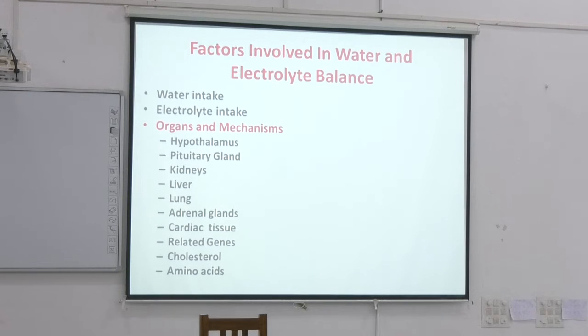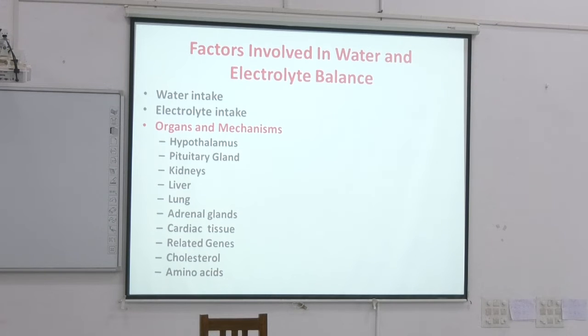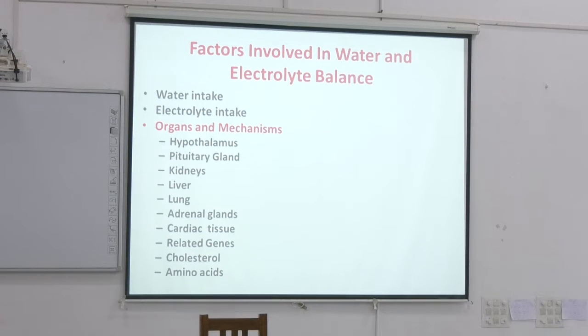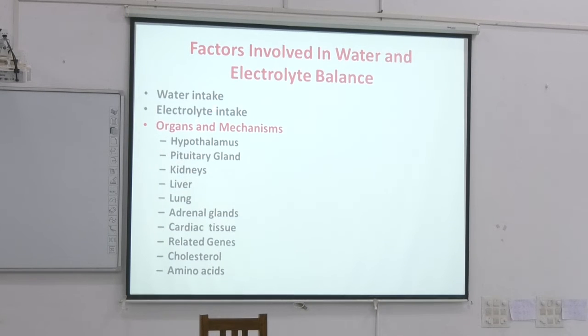There are some conditions like pregnancy and others where the person denies taking water orally, so it disturbs the water balance. There is a deficient condition of water. The first factor is that.